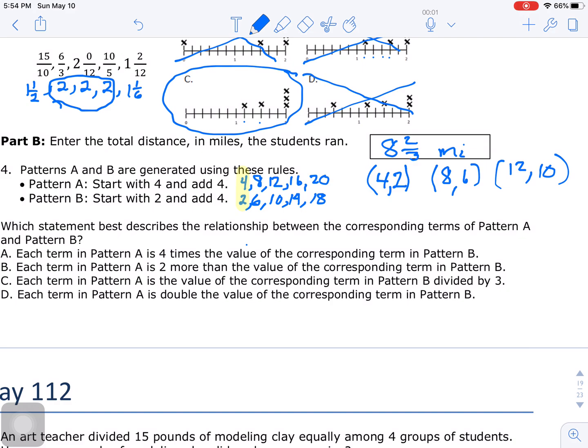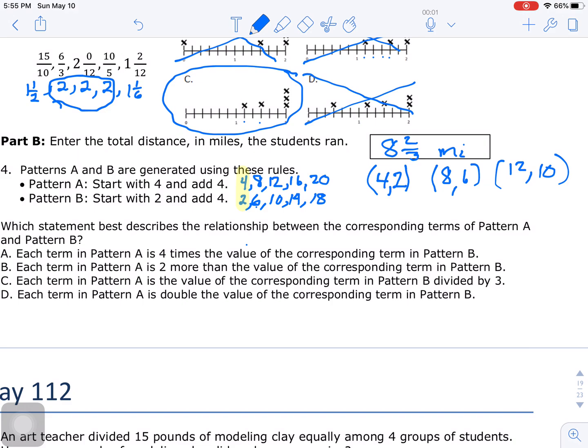Yes, all the A terms are bigger than the corresponding B terms, but they're not 4 times bigger. In other words, if we took 2 times 4, that's 8. 6 times 4 is 24, and so that wouldn't work.